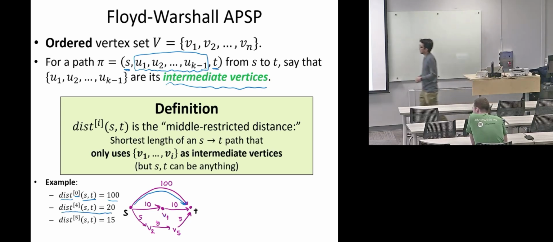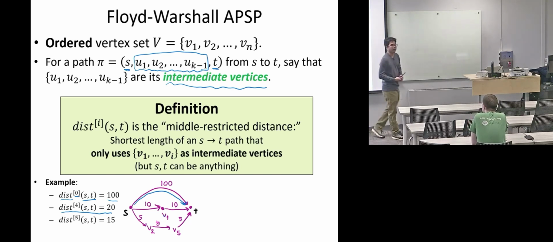I'm allowed to use V1 up to V4. Then the shortest path of this type is going to be this one because I cannot use V5. I can use V1. And if I allow inner vertices up to V5, then I can actually go through this one, and that's better. So that's the definition.